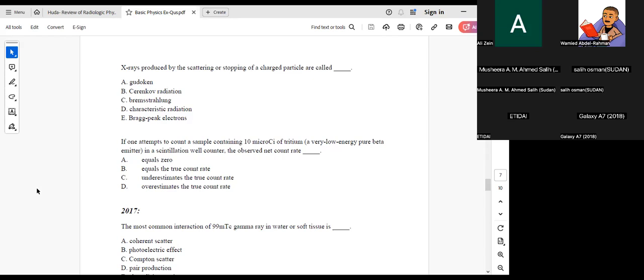If one attempts to count a sample containing 10 microcuries of tritium, a very low energy beta emitter, in a scintillation well counter, the observed net count rate is either equal to 0, meaning we don't get anything, or equal to the true count rate. This is a very low energy pure beta.